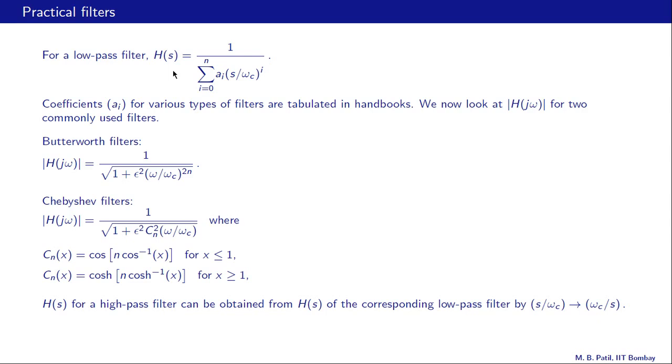We can make up the H of s for a high pass filter simply by using this transformation. So s over omega c should be replaced by omega c by s in this expression, and we get a high pass filter with the same cutoff frequency. Now these actual polynomials we are not discussing here because they can be found in handbooks.